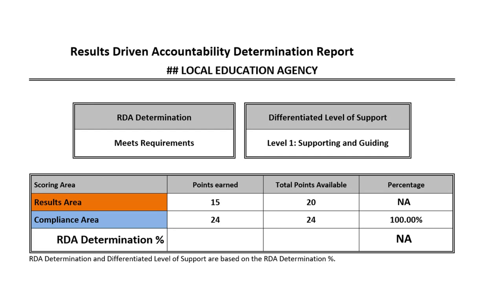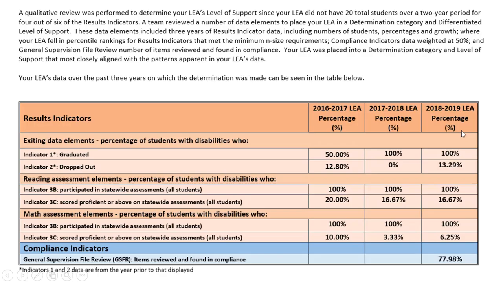Some LEAs that have few students did not meet the minimum N size requirements in the results area, and therefore we performed a qualitative review on those LEA's data, and I'm going to talk about that. If your LEA has an NA here in the results area and an NA here in the RDA determination percentage, that means a qualitative review was performed for your LEA.